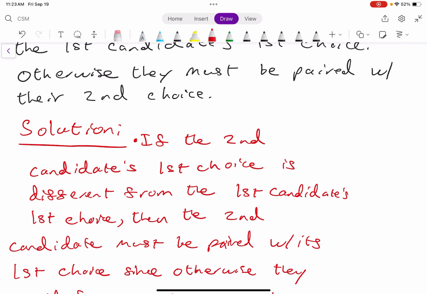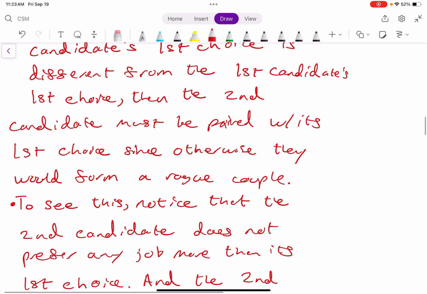The proof is similar to that of part A. So if the second candidate's first choice is different from the first candidate's first choice, then the second candidate must be paired with its first choice, since otherwise, the second candidate and its first choice would form a rogue couple.